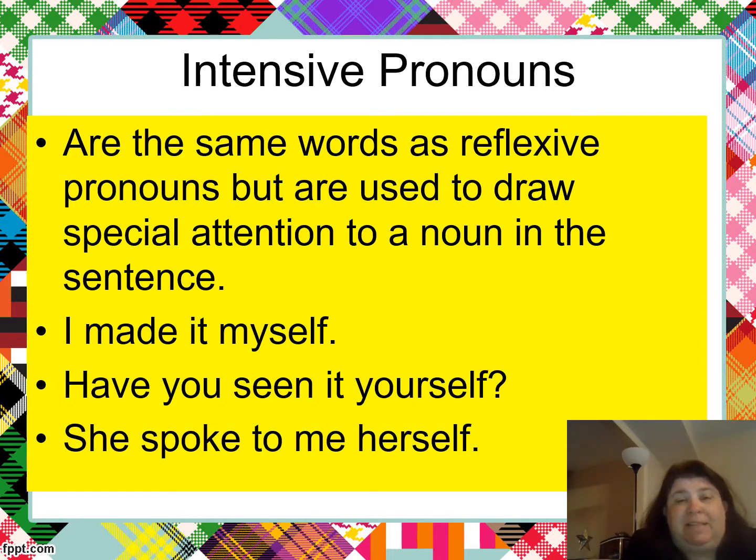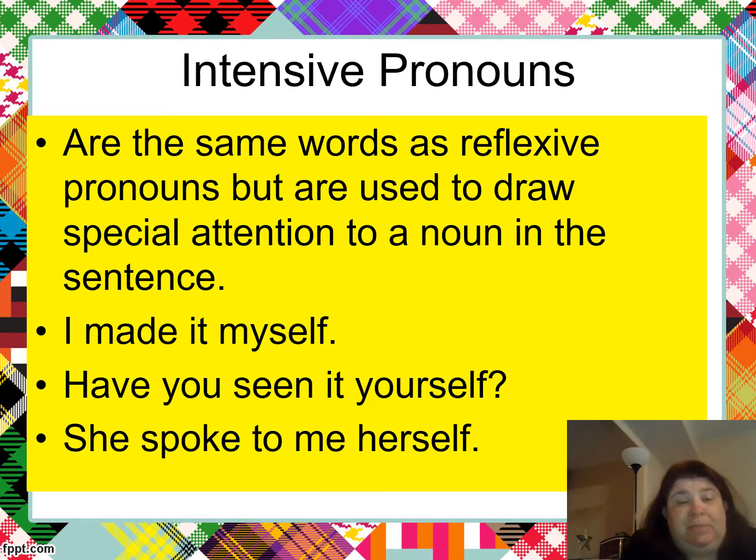I made it myself, which is intensive because it's drawing specific attention to the word I in the subject. Have you seen it yourself? So you is our subject, and the object in our sentence is yourself, and yourself is referring back to you in the subject of the sentence.